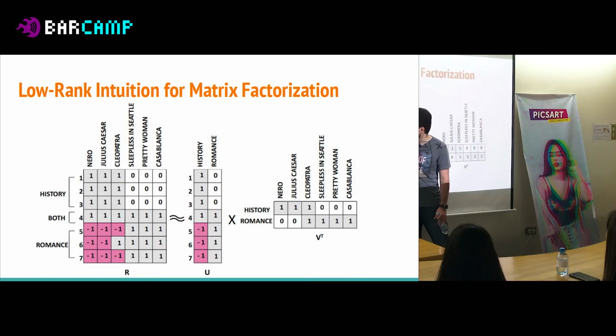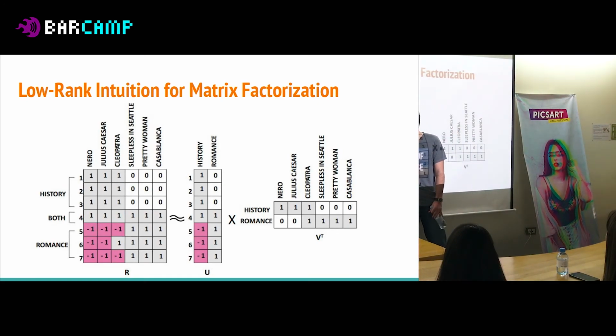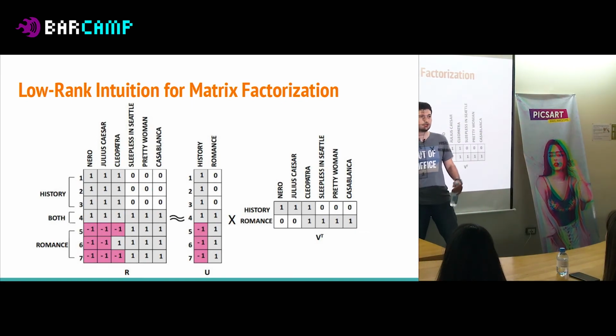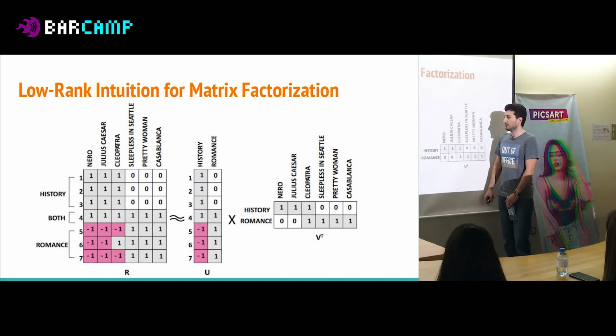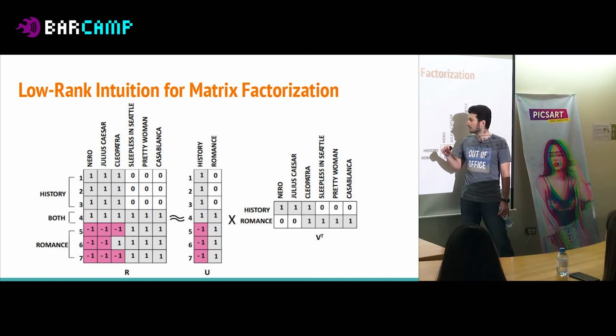Those users clearly enjoy historical movies because they have high ratings for historical and small for romantic. And those users clearly enjoy romantic movies since there are high ratings for those movies and small ratings for the historical movies. So again, we can see that users also split into two groups. This might mean that our matrices are of rank 2.